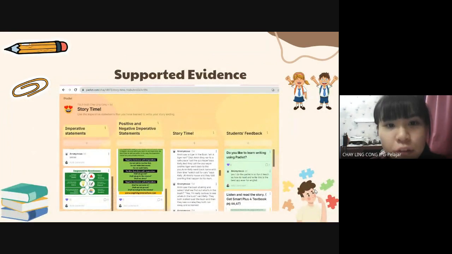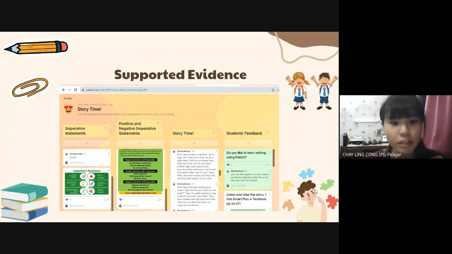So this is one of the supporting evidence that I have developed during my practicum time. This is a Padlet which implemented educational technologies, which is 4.0, and it encourages active participation throughout their learning process.